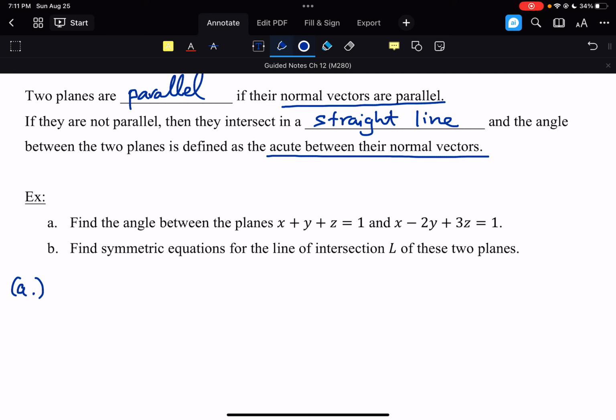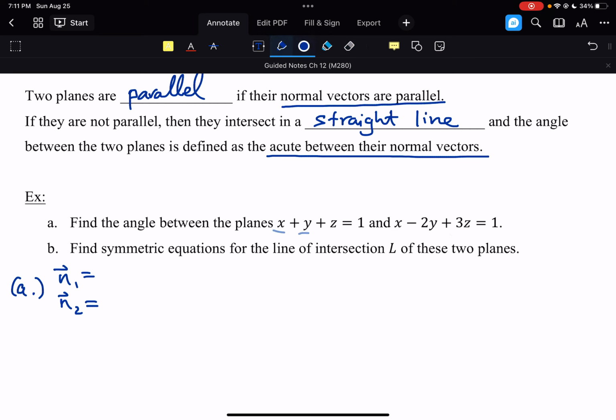All right, so we have the equations of the planes, so we actually do know their normal vectors because we know how to find the normal vector from the equation. Remember, the normal vector, that's the a, b, c. So those are the coefficients on x, y, and z in both of these equations.